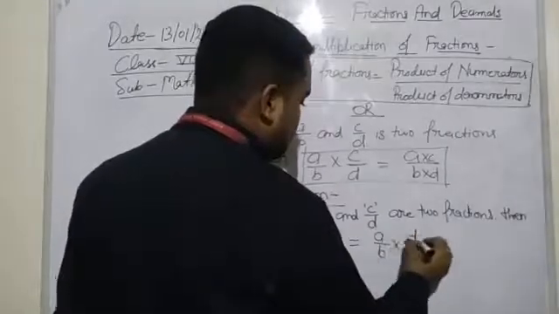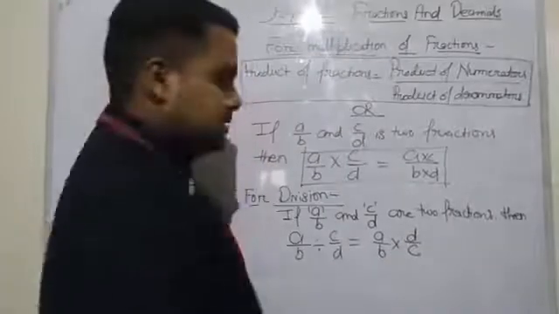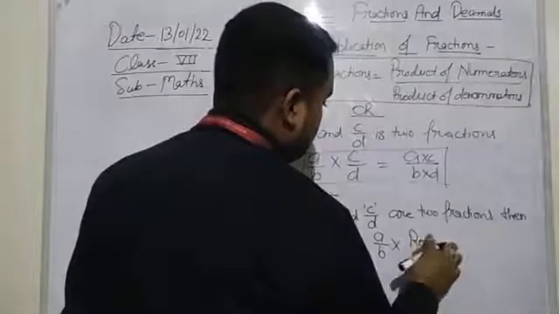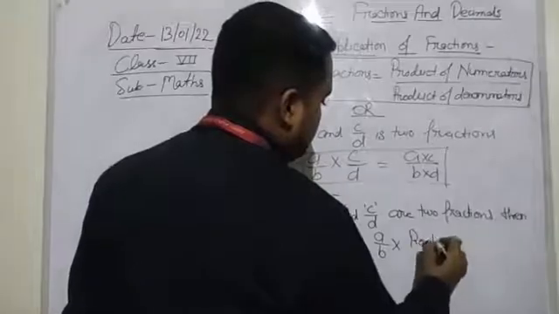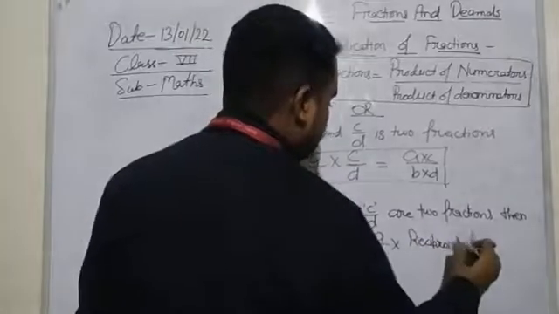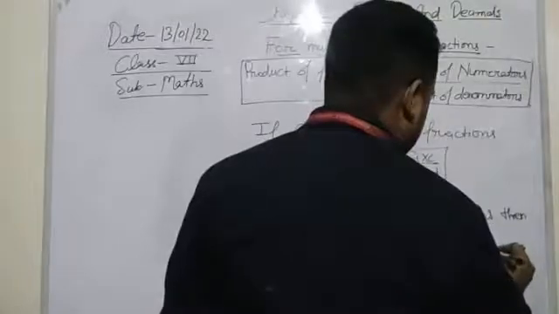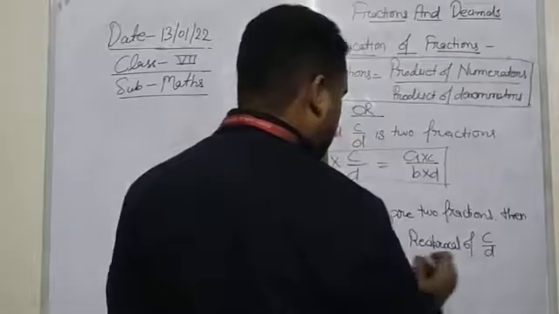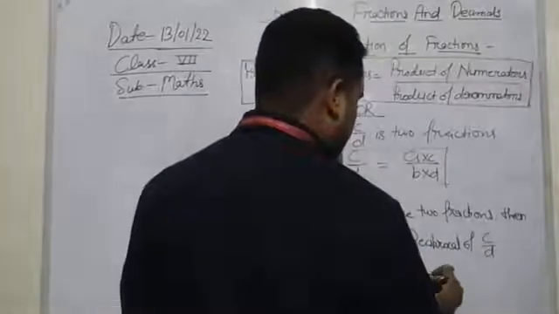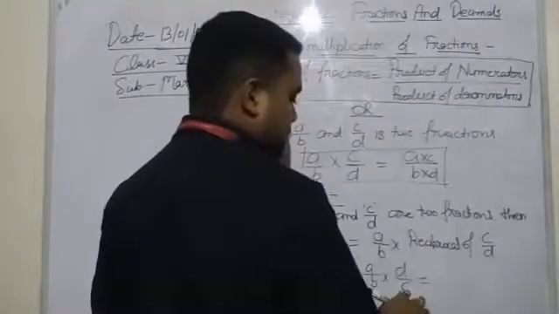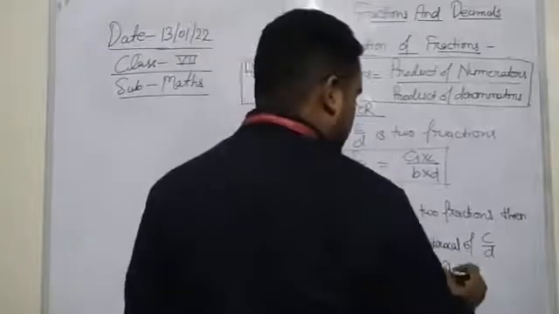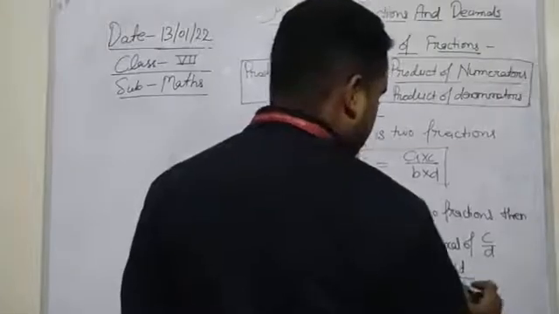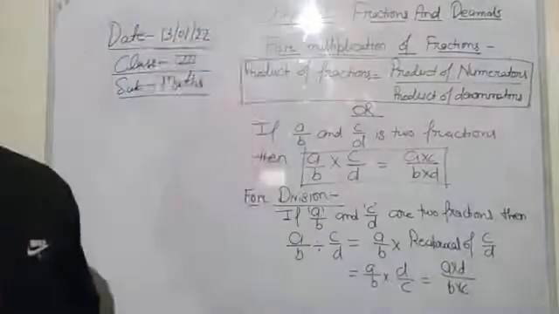So it is written as D by C, the reciprocal of C by D. So here A by B into the reciprocal of C by D, which is D by C. So we do the simple product of these two fractions, A into D upon B into C. So now note it down.